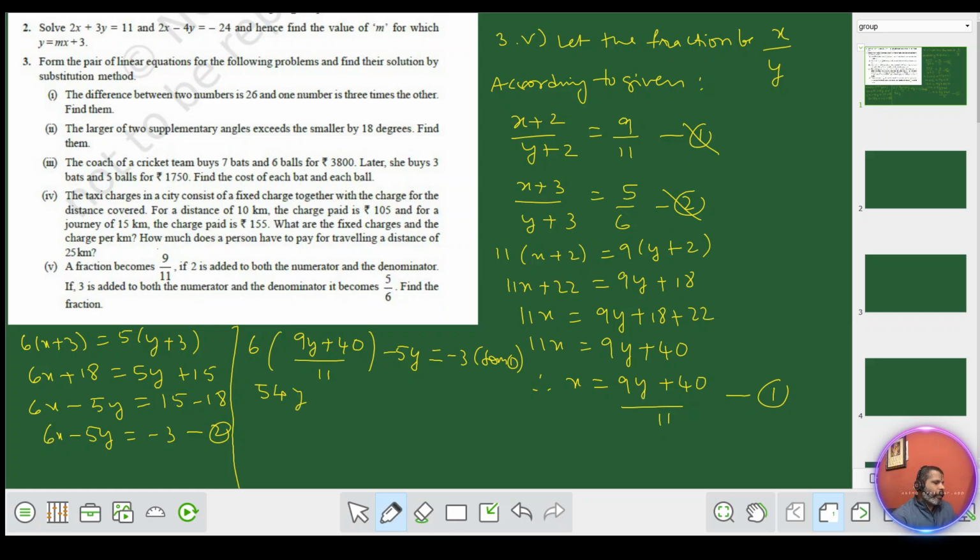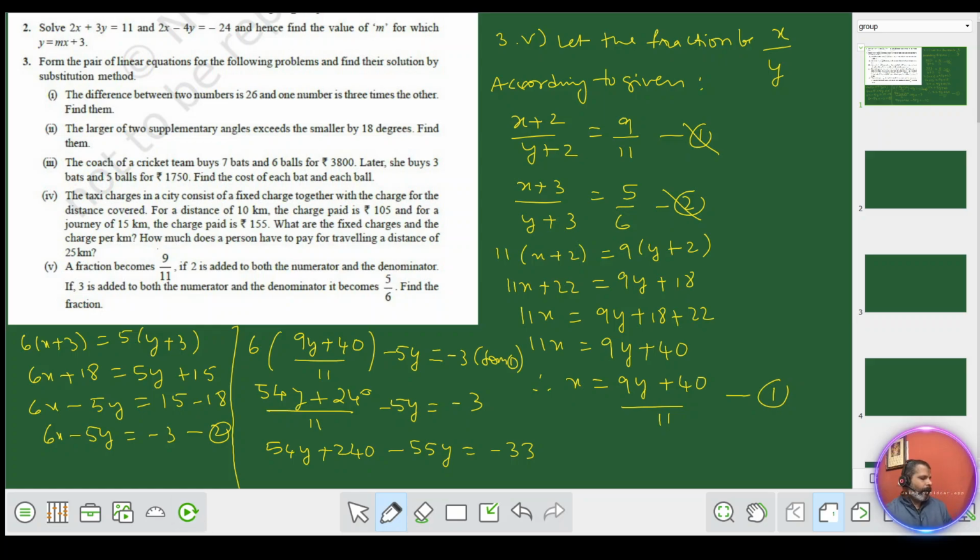Okay, it looks lengthier, but once you practice, it will be easy. 6 9s are 54y plus 6 4s are 240, by 11 minus 5y equal to minus 3. Cross multiply, take LCM. So 54y plus 240 minus 55y equal to minus 33.